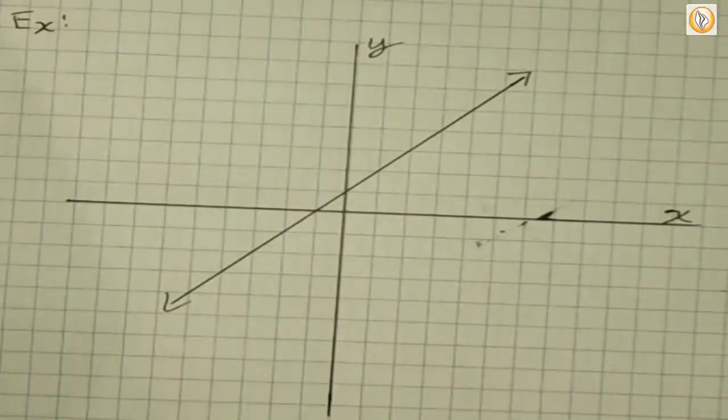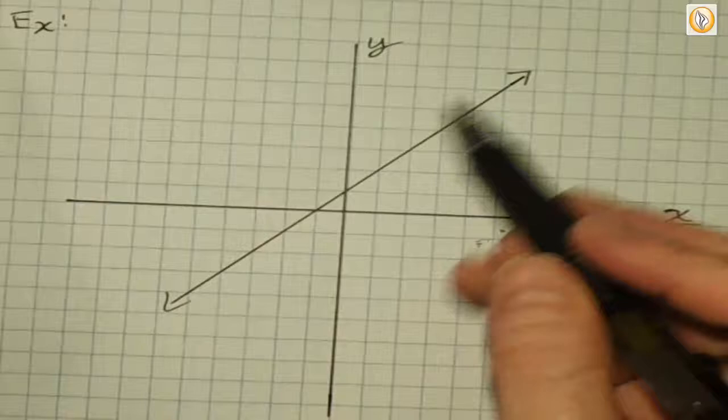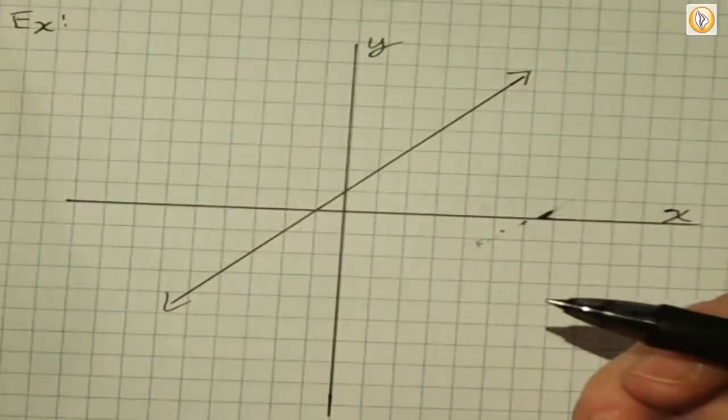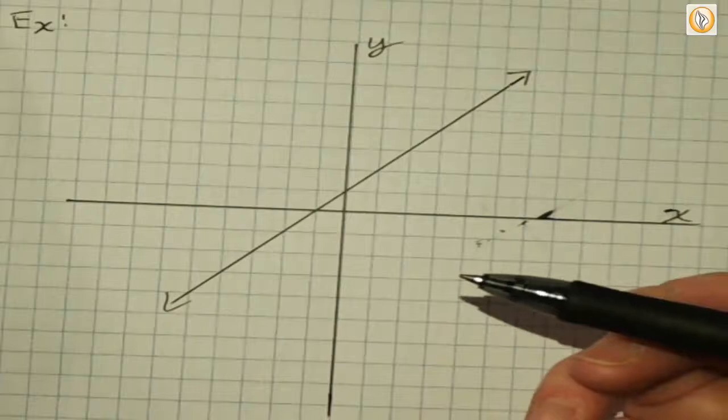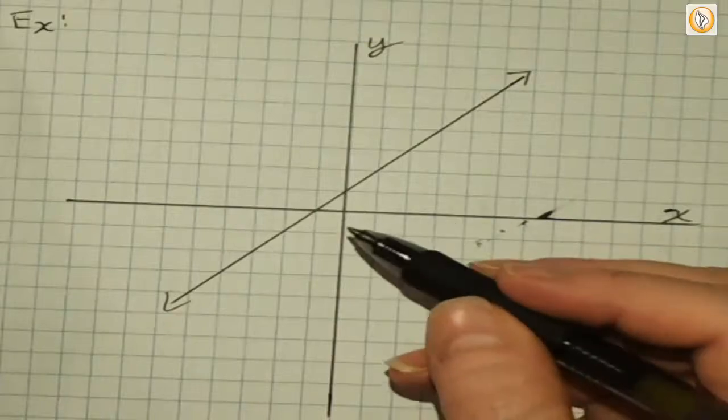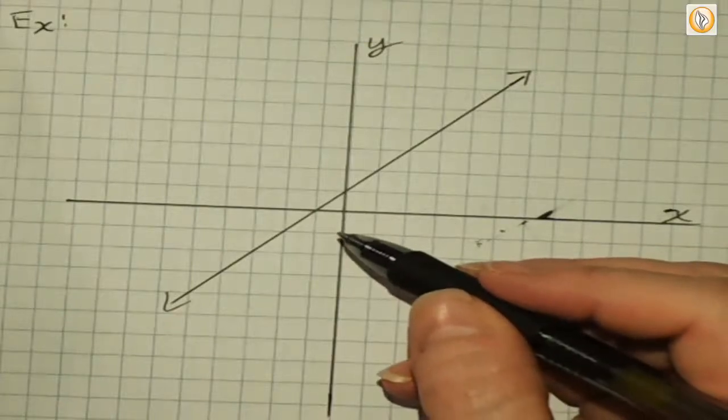So given this graph, let's find the slope of this line. First step, find 2 points on this line that are in the intersections. This is the first example. There are lots of points on the line in the intersection.